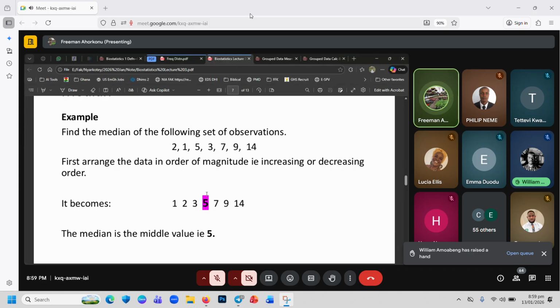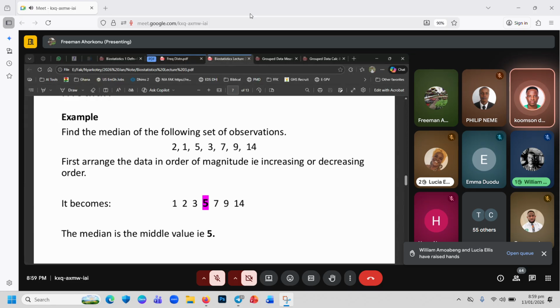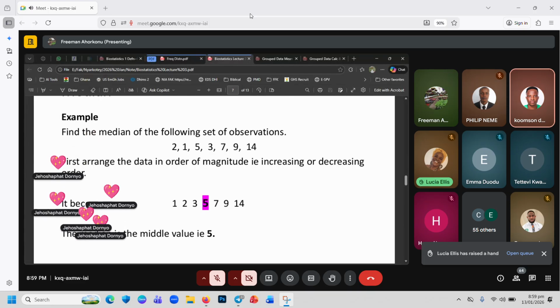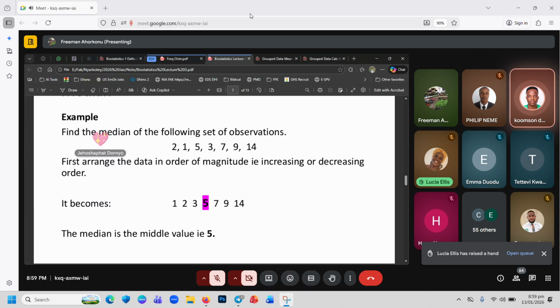Any question about this one? Yes. If two numbers are found to be at the middle, what are you going to do? Come again. Let's say 3 and 5 are found to be at the middle.